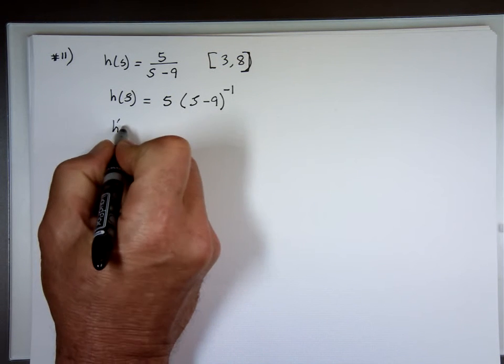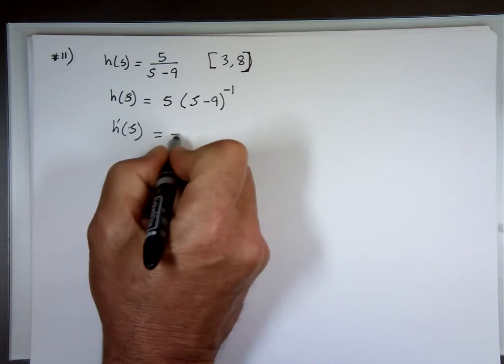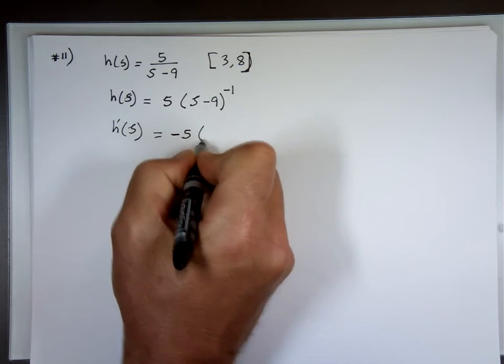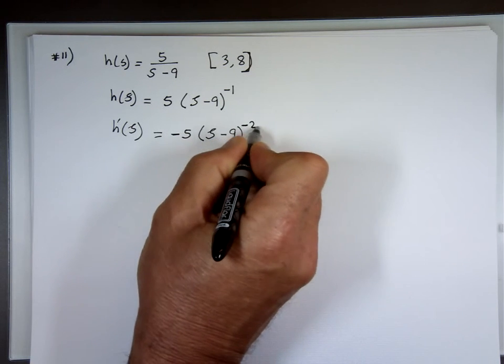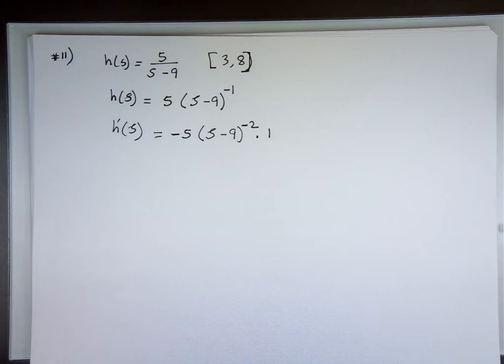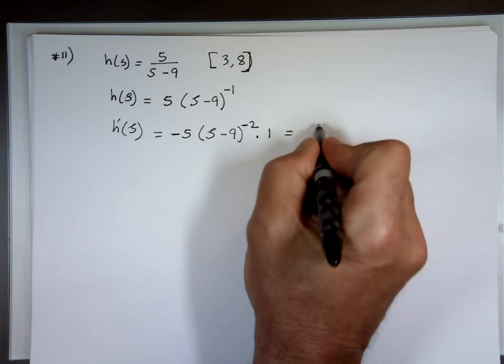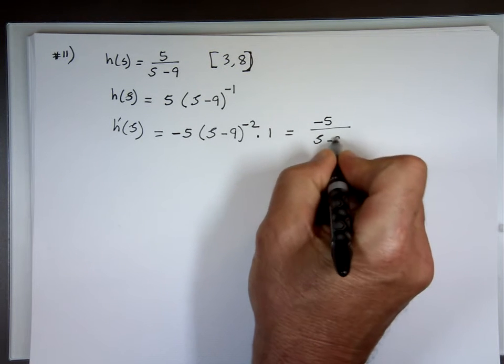What's the derivative? 5 times negative 1, negative 5, times S minus 9 to the power of negative 2, times the derivative of what's on the inside, which happens to be 1. So when you clean it, that's negative 5 over S minus 9 squared.